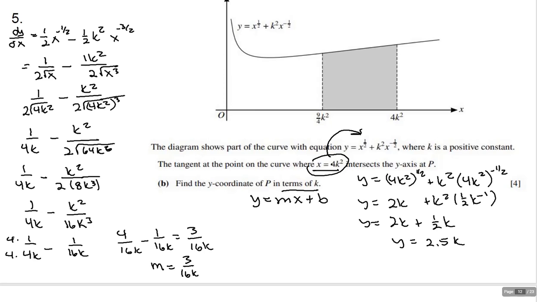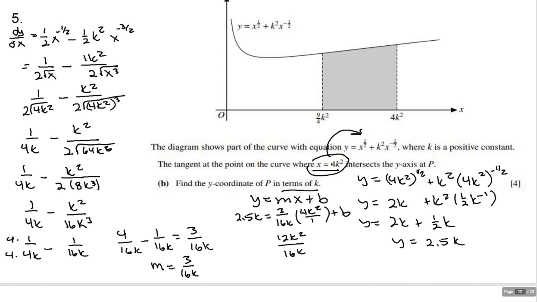So now I know the y value, I know the slope, I know the x value. So what I'm going to do then is put this in. 2.5k is equal to 3 over 16k times the x value, which is 4k squared, over 1 plus b. And so I'm going to multiply these together, and I'm going to get 12k squared over 16k.